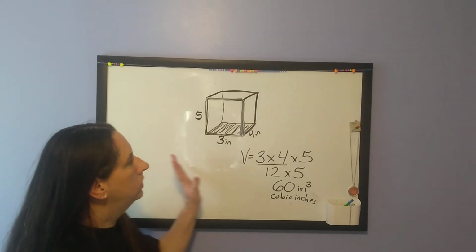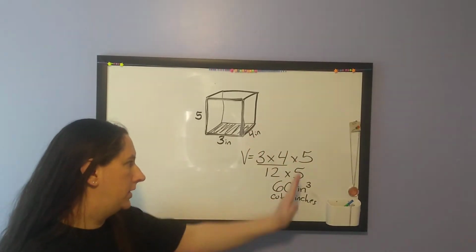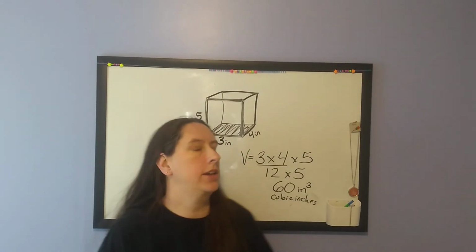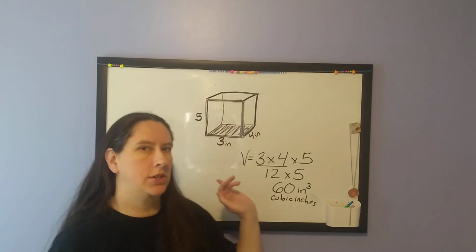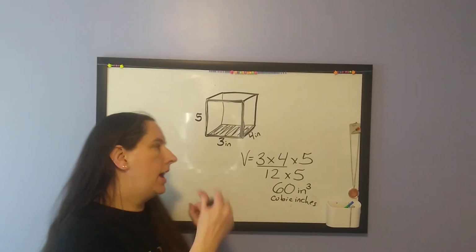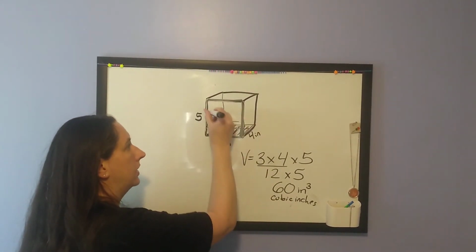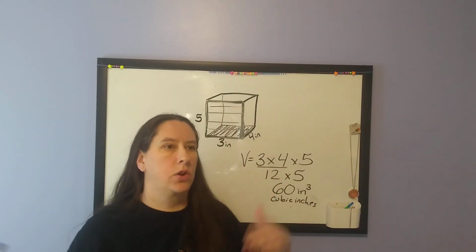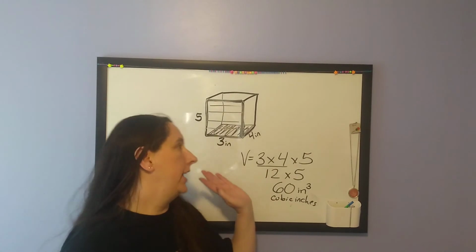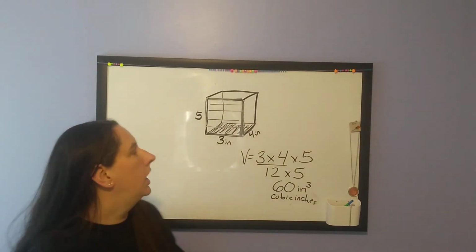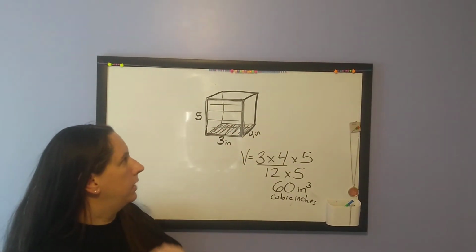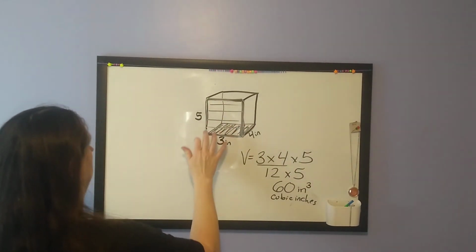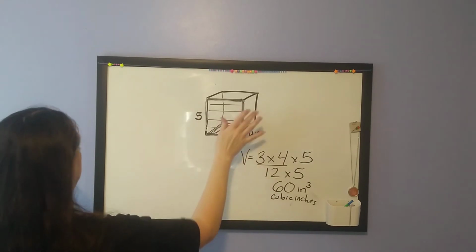So I was trying to incorporate what we have done in class with some of the things that they've asked you on the packets, because a lot of the ones that they show you in the packet, they have all the cubes and blocks drawn in for you. So I tried to make sure that we had the same kind of language, because they keep asking about your layers. Your layers is going to be your height. 1, 2, 3, 4, 5 layers.